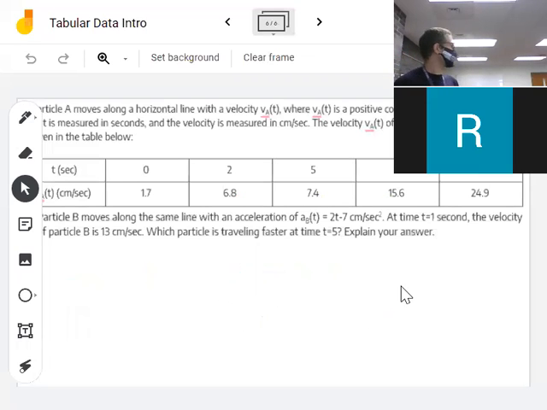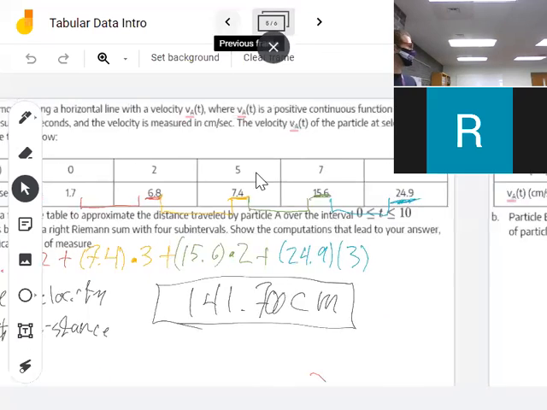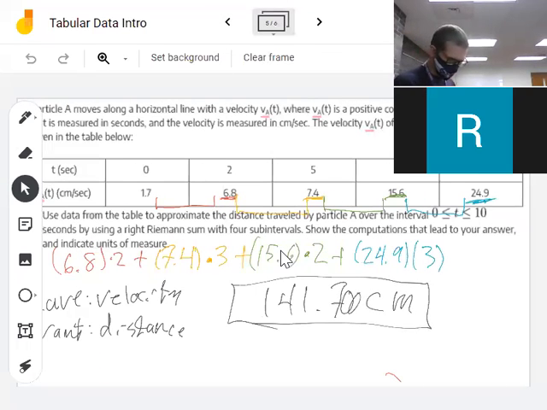Oh, that's a good question. Let's go back and check that. So if we did a left Riemann sum for this first interval, this number would have been 1.7. The second interval, this would be 6.8, 7.4, 15.6. Yeah, so that's all it is. And left to right just means on the interval, which output is on the right, which output is on the left.